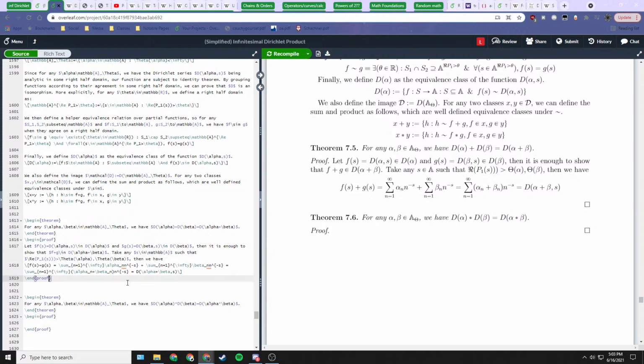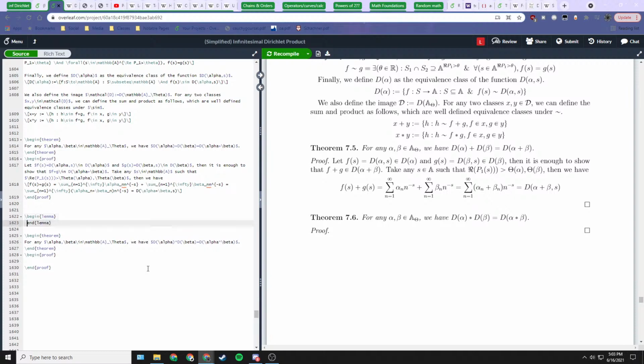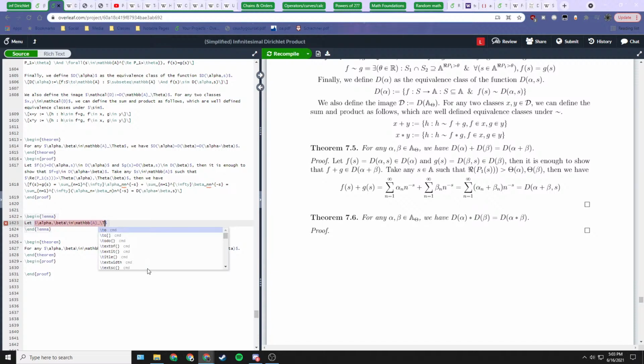Okay, so that's that. So for our lemma, for our product case, we want to say, let alpha and beta be in A sub theta.